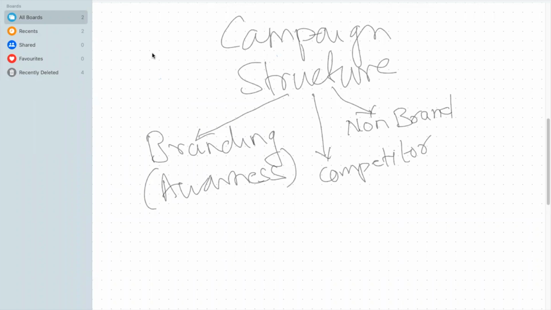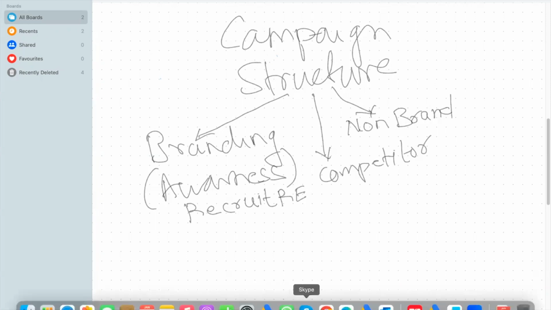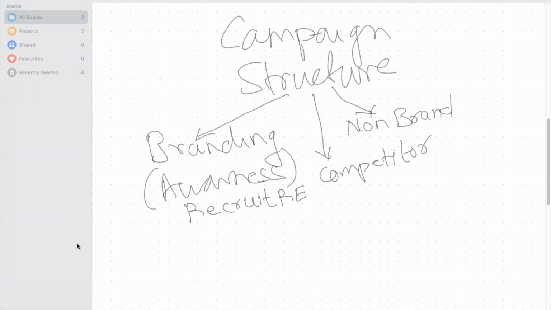Okay. So what is a branding campaign? Let's say, as we saw in the data, this is a brand called Recruit RE. It is basically a real estate recruitment website based out of Australia.